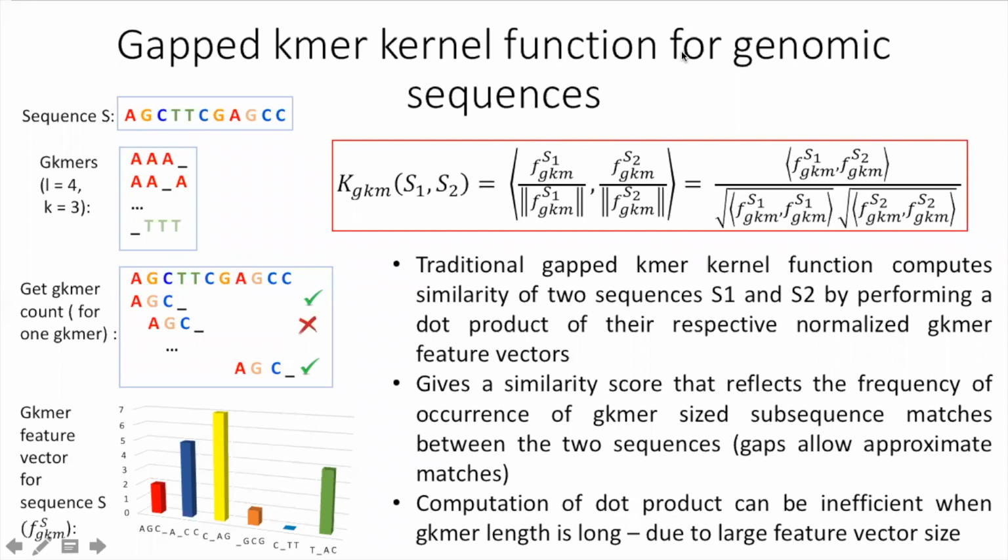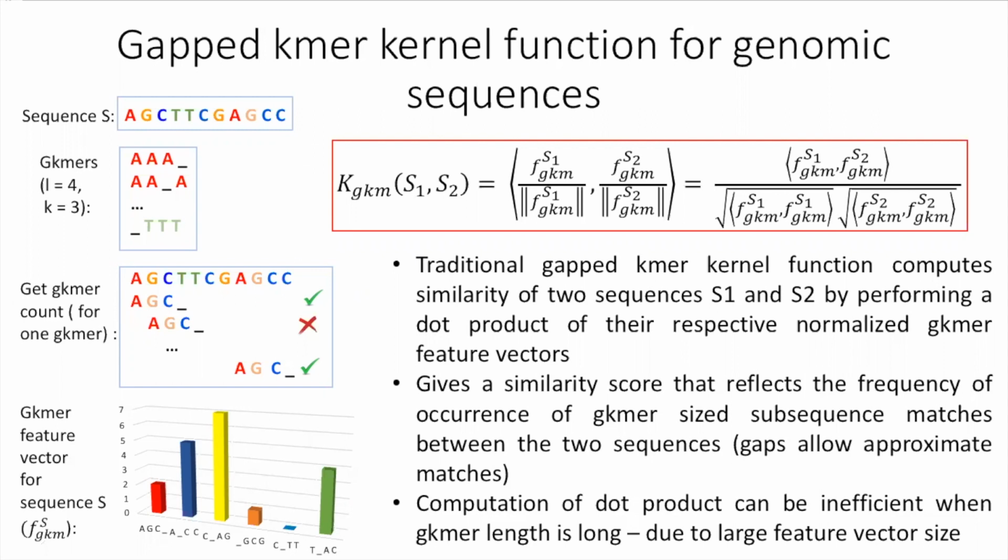In this slide, I'll cover the gapped-Kamer kernel function for genomic sequences. So like I said in the previous slide, the key goal here is to find a kernel function that computes the similarity between an input point and a support vector. In the case of genomic sequences, the input point and support vectors are nothing more than genomic sequences, and we need to find a way to get the similarity between two genomic sequences.